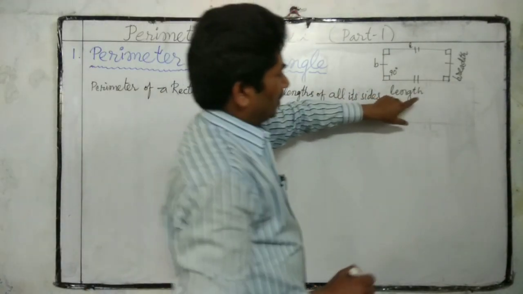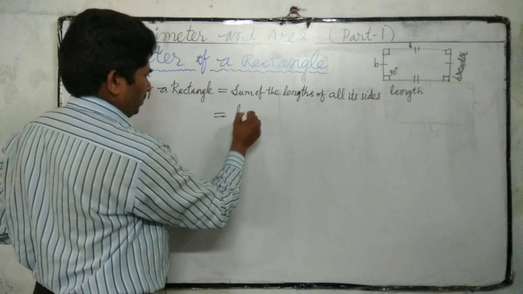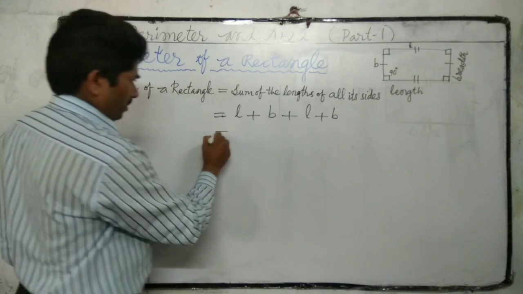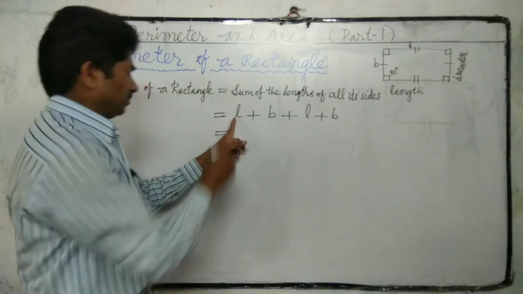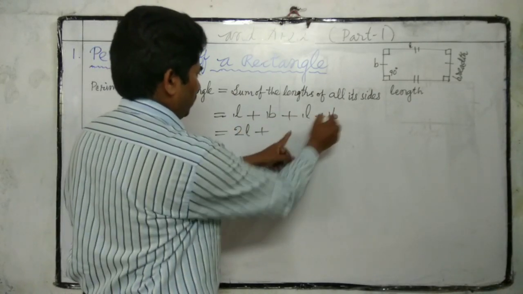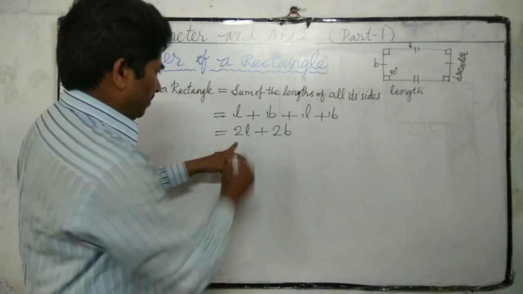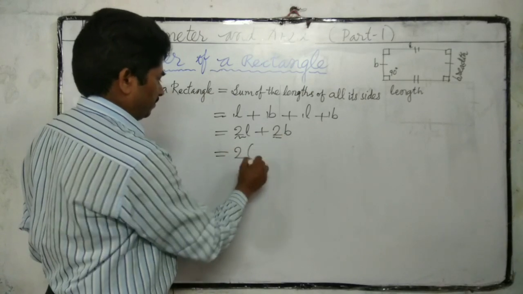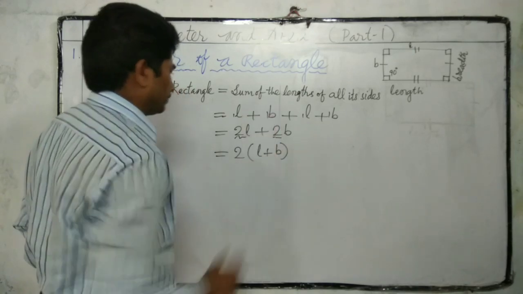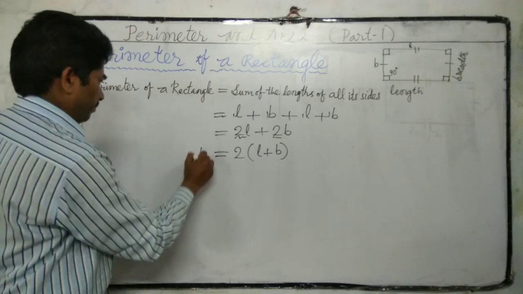There are length, breadth, length, breadth, length, breadth, length, breadth. Here we have two lengths plus two breadths. If we take 2 as common, in bracket there are L plus B. So this is the perimeter of a rectangle.